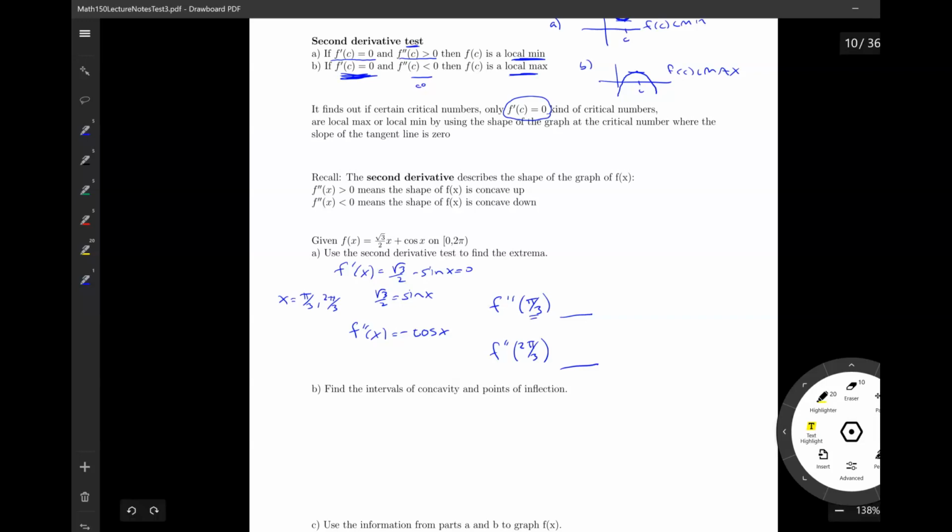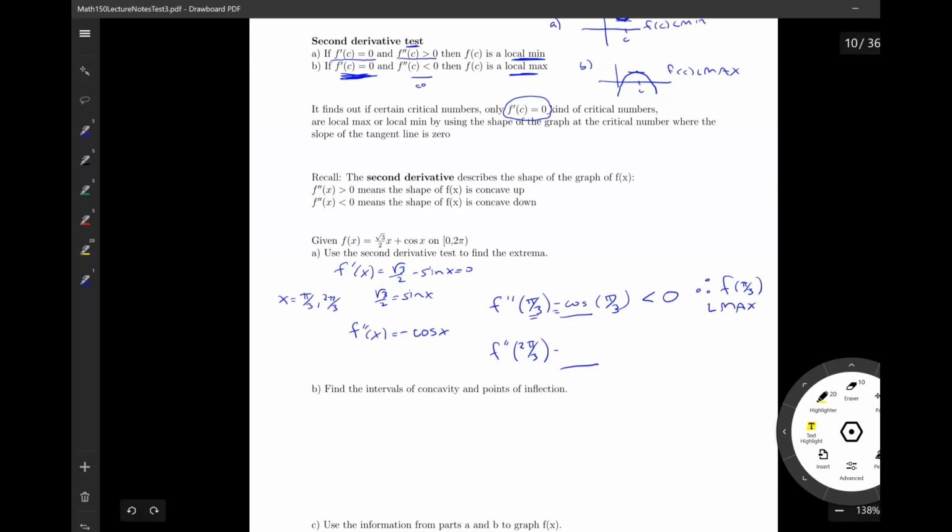So if I plug in pi over 3, negative cosine of pi over 3. Cosine of pi over 3 is positive. This gives me a negative number, so this is less than 0. So I get the conclusion that f of pi over 3, because it's concave down, must be a local maximum.